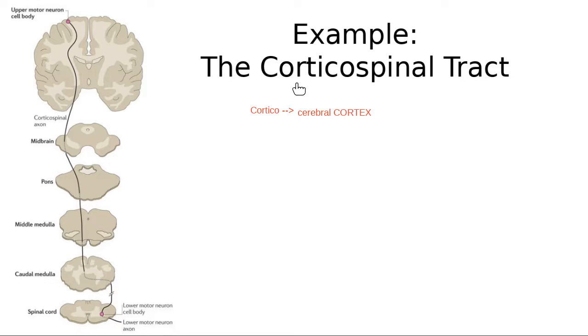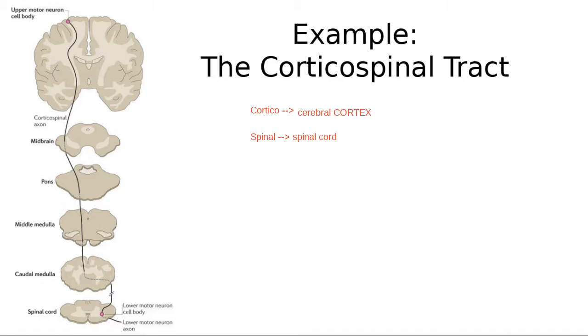So I've got what's called the corticospinal tract. Cortico means the cerebral cortex, the outside of the brain, and spinal still means spinal cord. I'm starting in the brain, the cerebral cortex. I'm going down in the spinal cord.